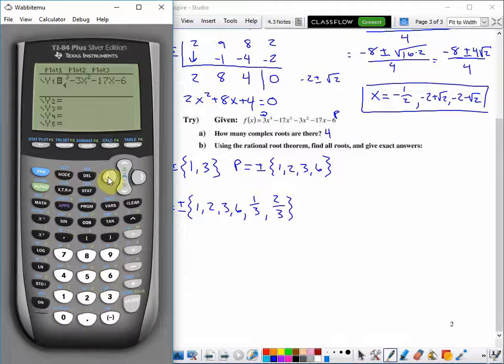I started looking at the equation up above, so I better double check this. 3x to the 4th minus 17x cubed minus 3x squared minus 17x minus 6 should be good.